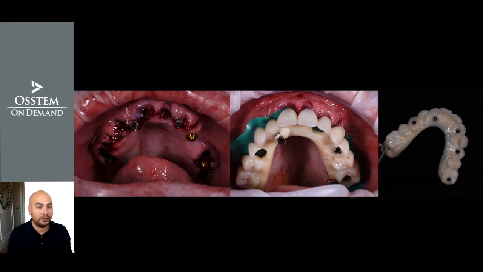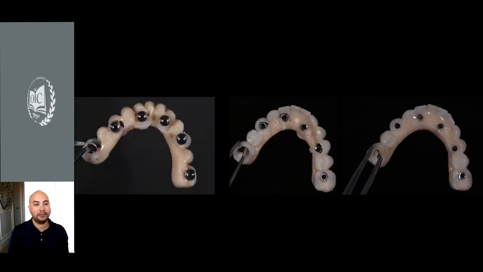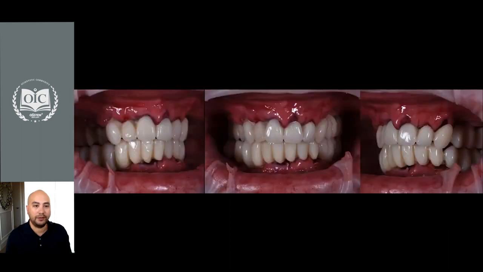And once they're all blocked into the interim prosthesis, then the prosthesis is processed and cleaned and then polished. Same thing you can see here on the lower arch, where the resin is added by the technician, and then the prosthesis is polished and fitted on the same day.